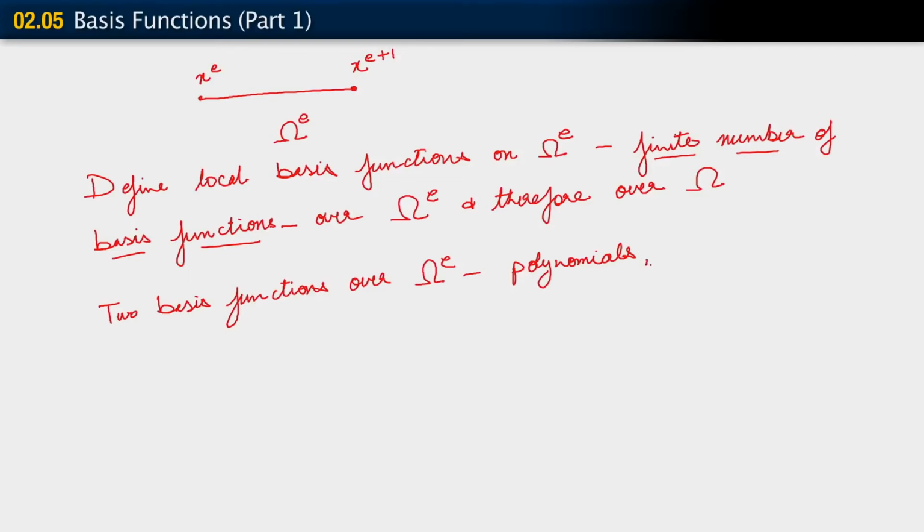Let me just add on that bit about complete basis. Well, you probably got the answer. What this implies is that we are essentially going to be representing functions here as linear polynomials on omega e.